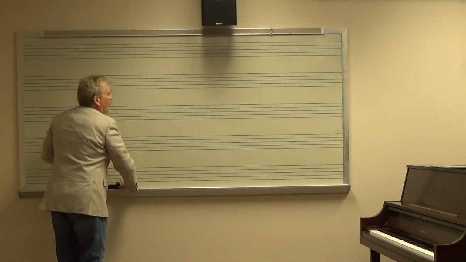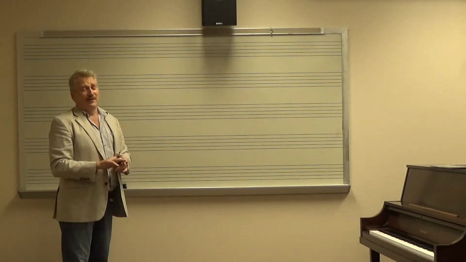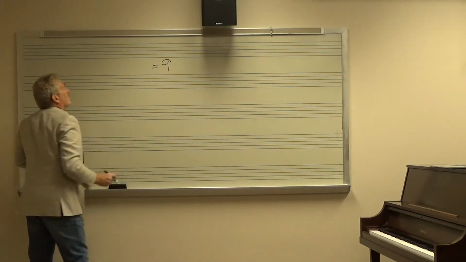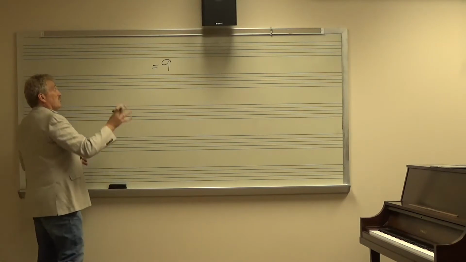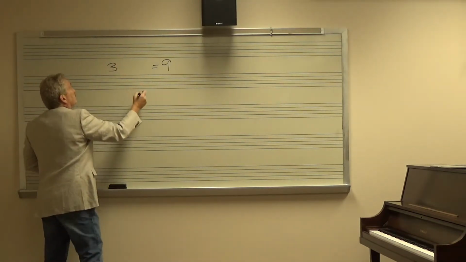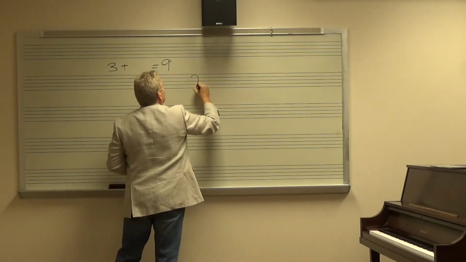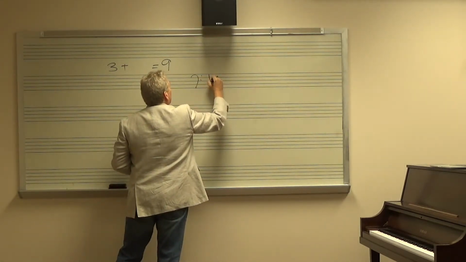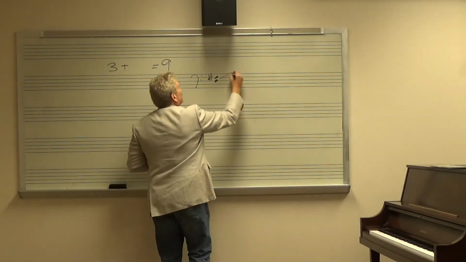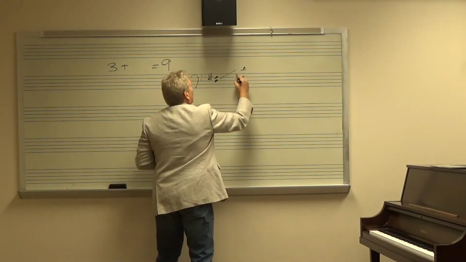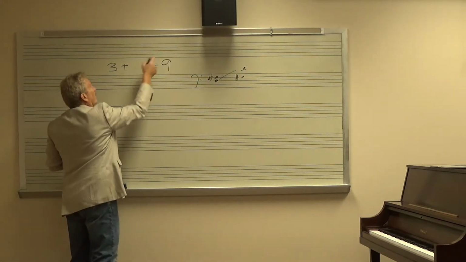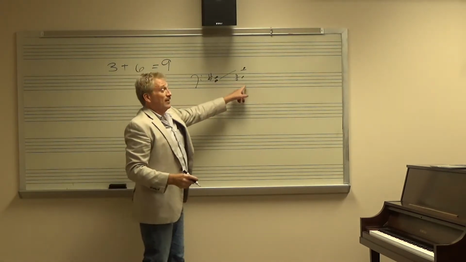However, there's a very simple formula to this that makes it a lot easier. The simple formula is that the original and its inversion all equal 9. So if I have a third, the original plus the inversion will equal 9. 3 plus 6 equals 9, and indeed that's a sixth.